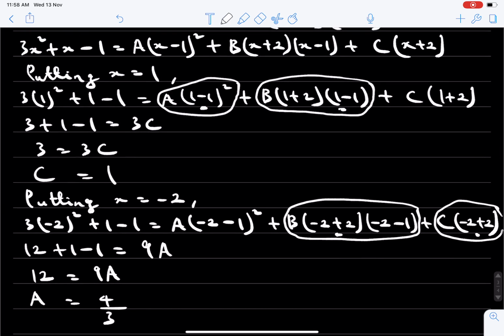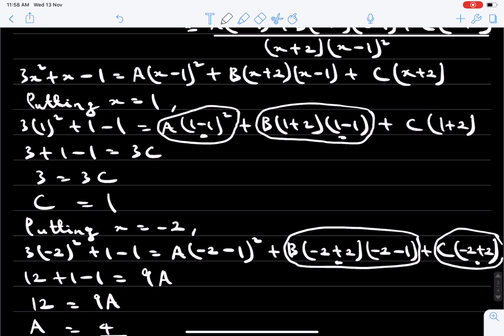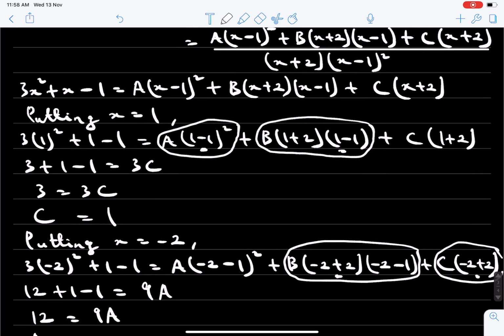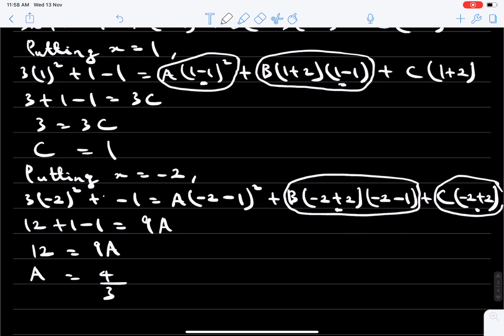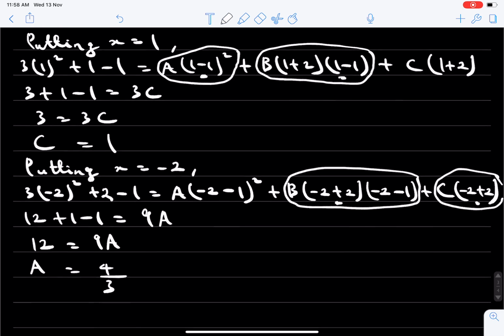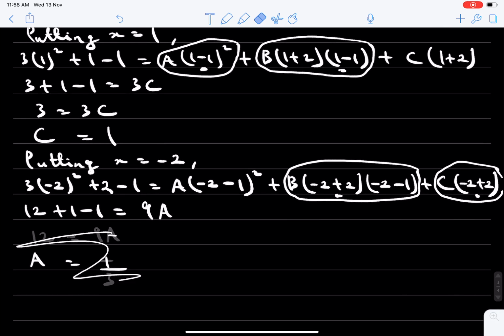Okay, let me go over that again. Putting x equals minus 2. Oh, sorry. That should be 3 times minus 2 squared plus 2, because x is 2 here, minus 1. Let me erase this first of all.